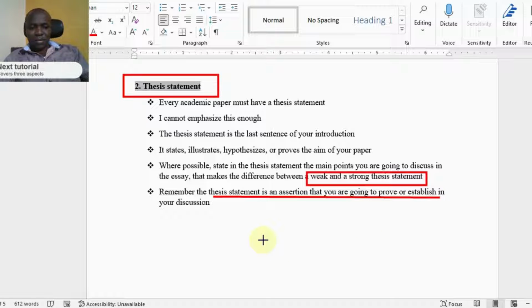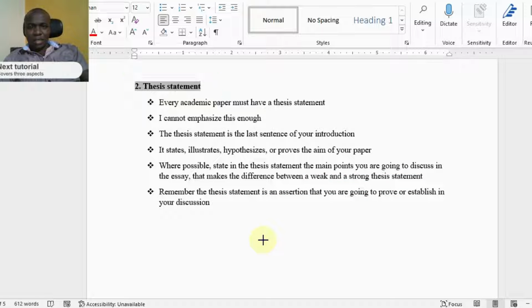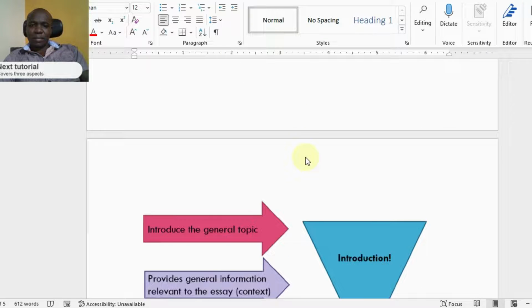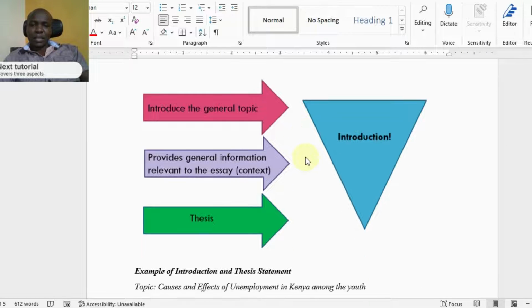So after going through that, let us move forward. Let's look at that diagram again. This diagram is also in reference to introduction. So introduce your general topic. This is the funnel I was talking about.